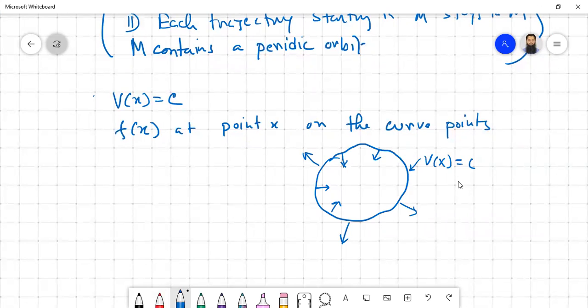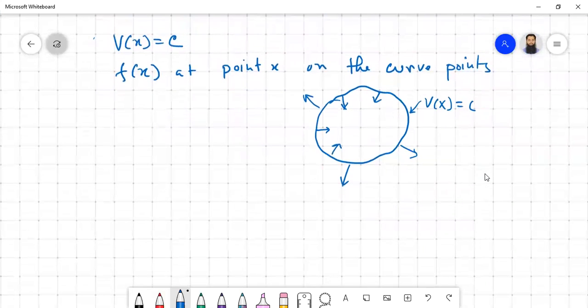So to find out whether the vector field is inwards or outwards, we have to find the inner product of f(x) and the gradient of V. So basically f(x) dot the gradient, which is nabla V(x).